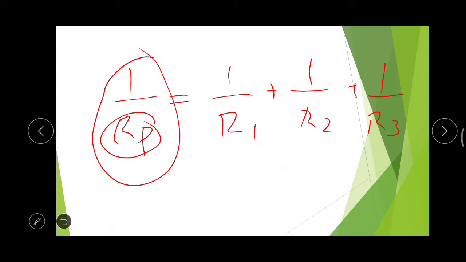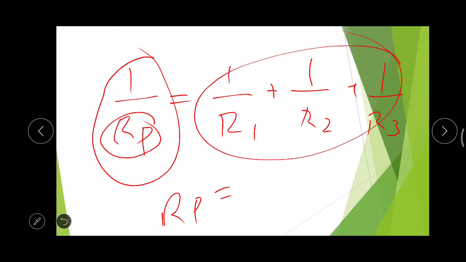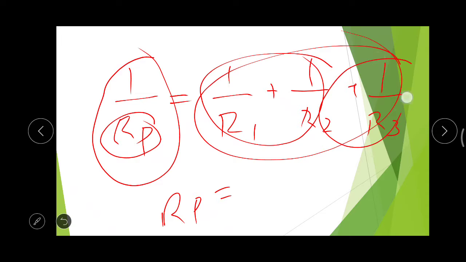If you want to find the Rp value, Rp will be equal to the inverse of these values, isn't it? So first of all you have to add this one, then add that one with this one, and then you should take the inverse.